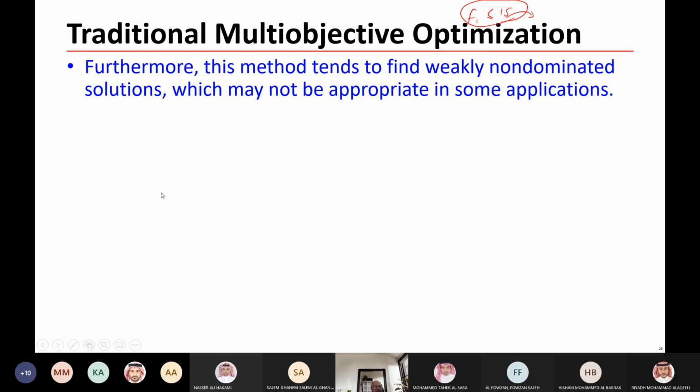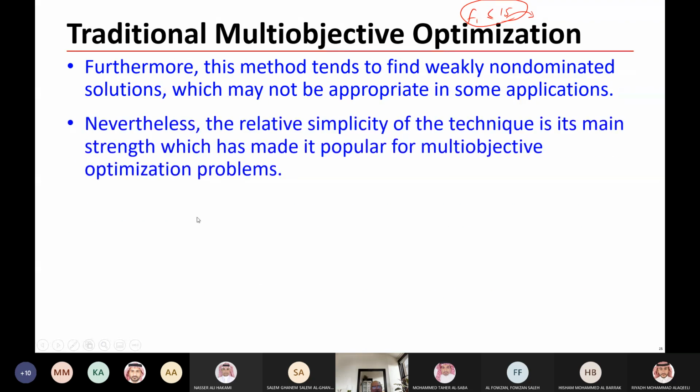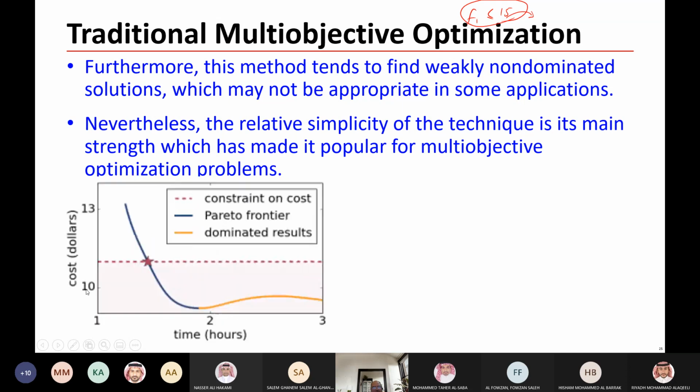So it may take some time to generate the set of solutions that you need. Furthermore, this method tends to find weakly non-dominated solutions, and it eliminates some of the solutions, as you will see here. The relative simplicity of the technique is the main strength of this popular multi-objective optimization method.